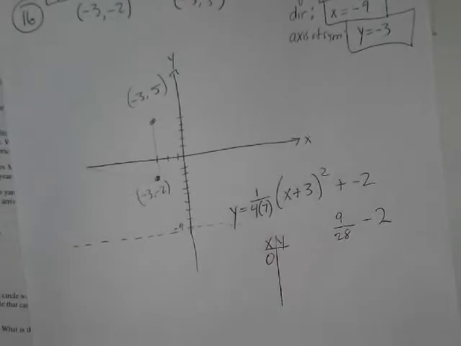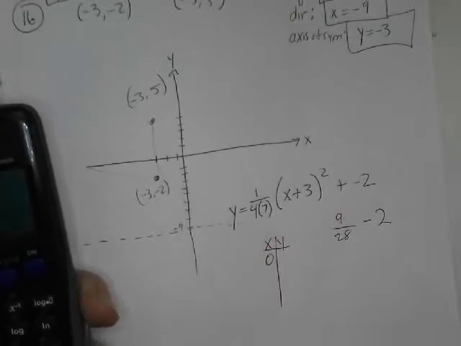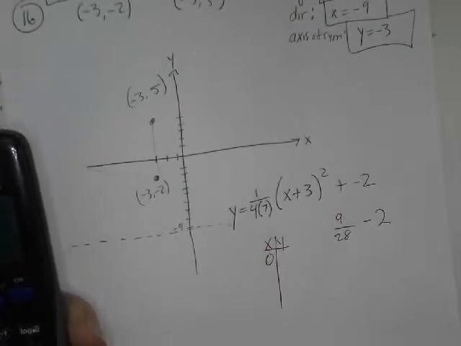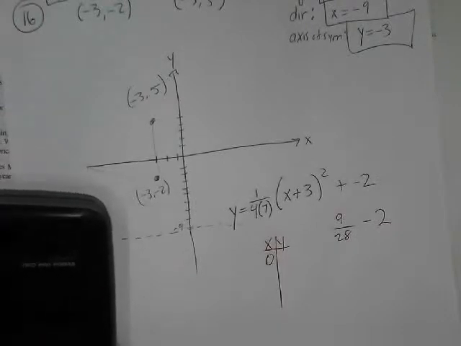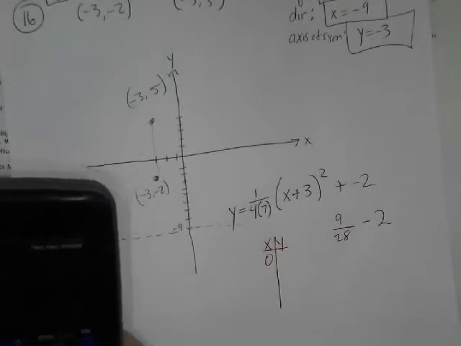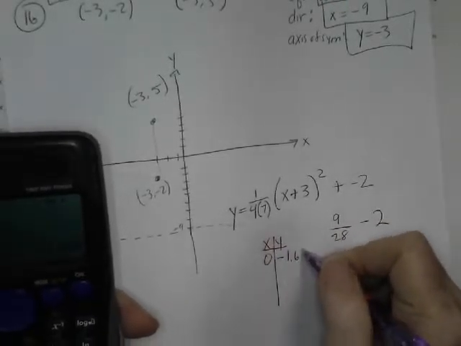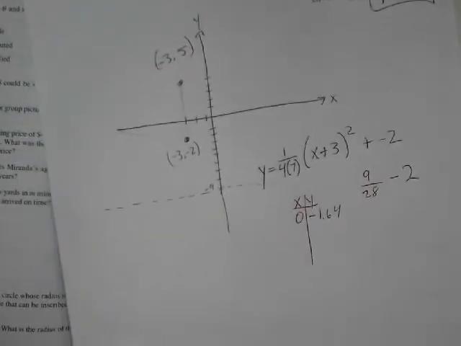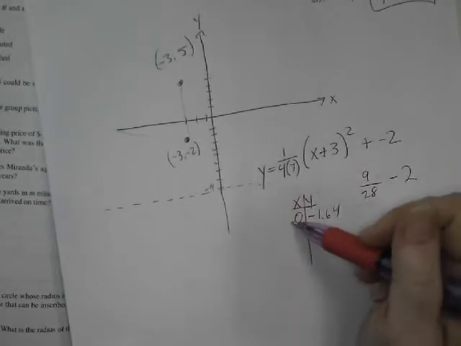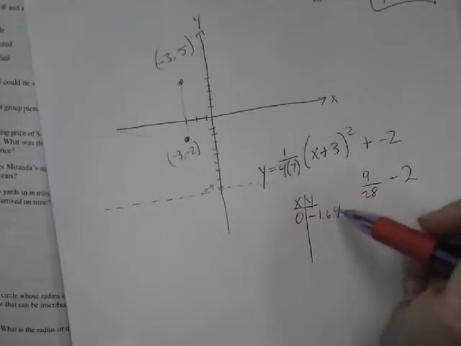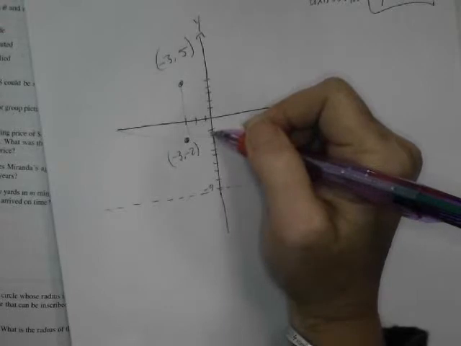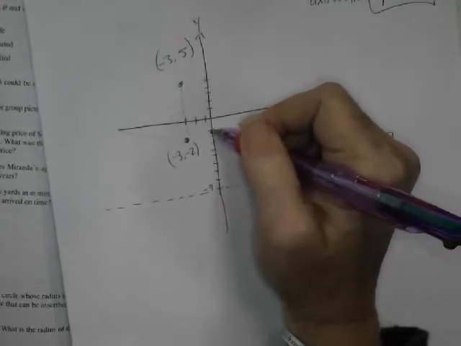Usually I would do the fraction math, but I've had a long day, so I'm just going to let my calculator do that. 9 divided by 28 minus 2 is about -1.64, and that's okay because I only have to plot one point. So x is 0, y is -1.64, somewhere in between the -1 and the -2.